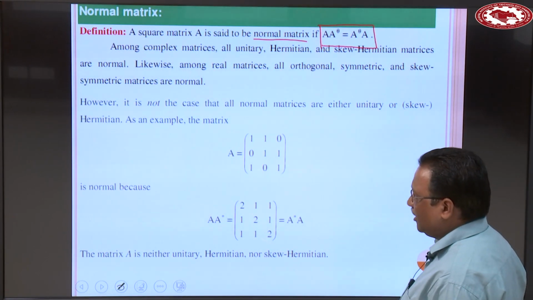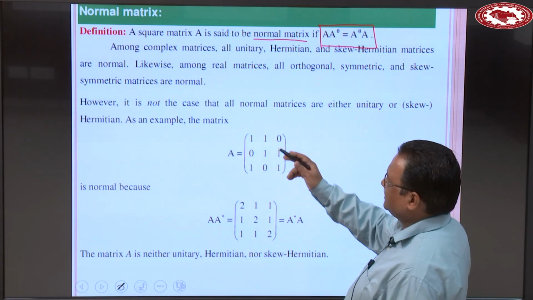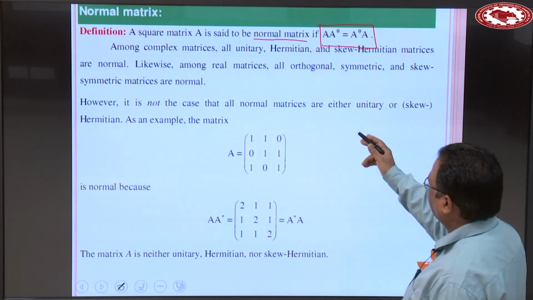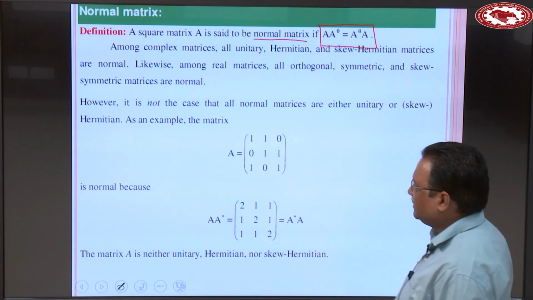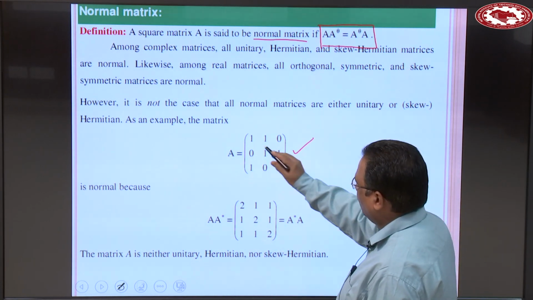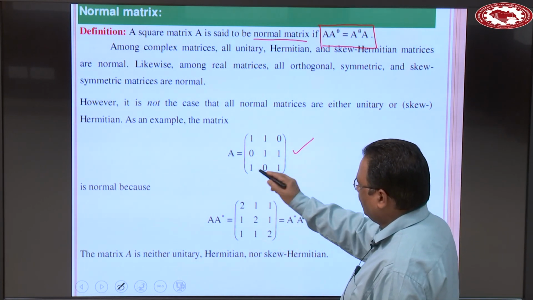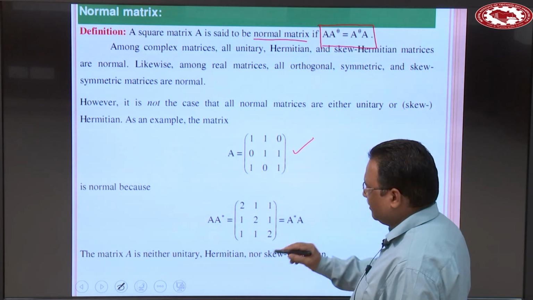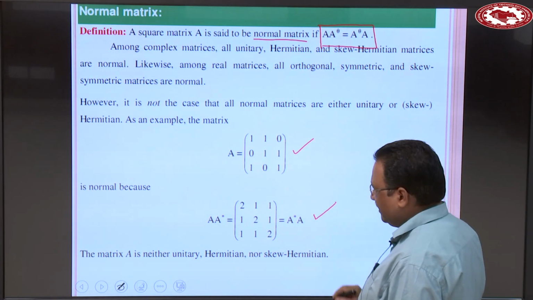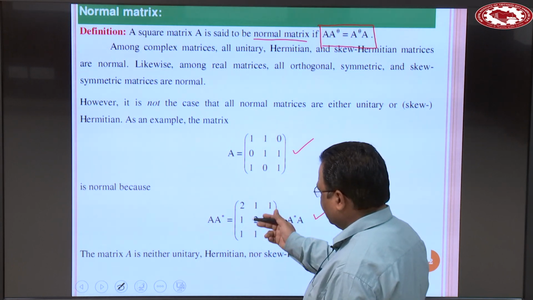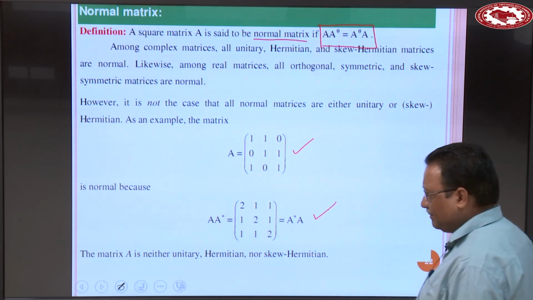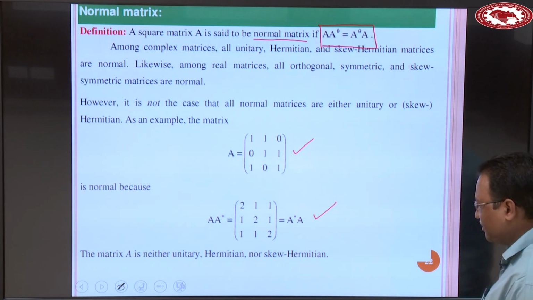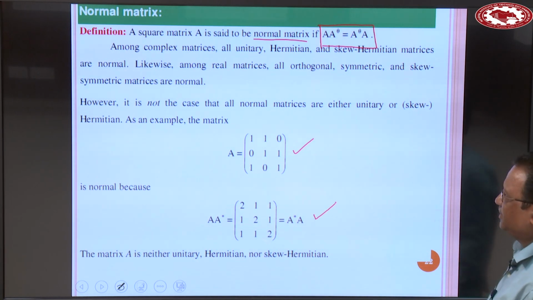However, it is not the case that all normal matrices are either unitary or skew Hermitian. As an example, the matrix A is equal to [1 1 0; 0 1 1; 1 0 0] is normal because A theta A is equal to [2 1 1; 1 2 1; 1 1 2]. The matrix A is neither unitary, Hermitian nor skew Hermitian.